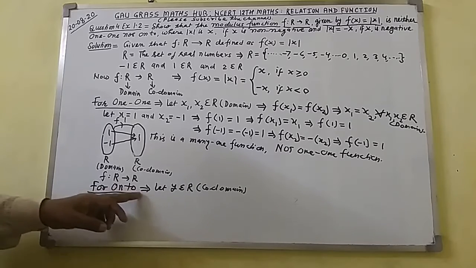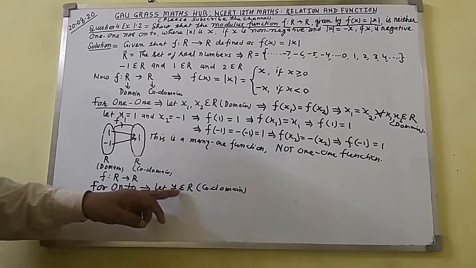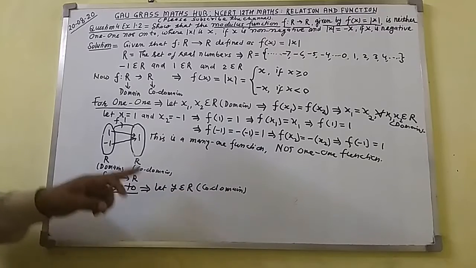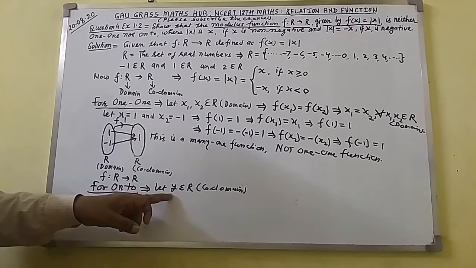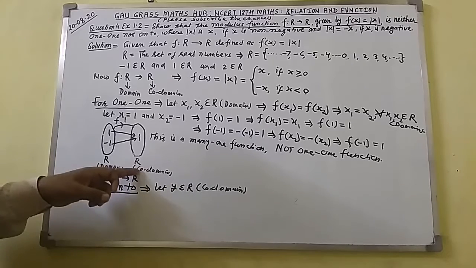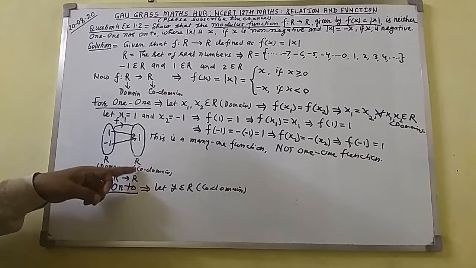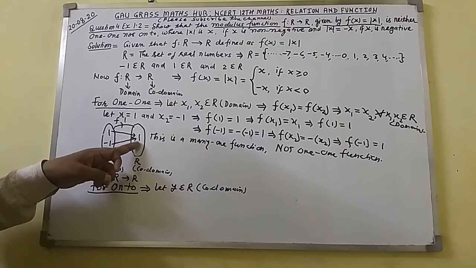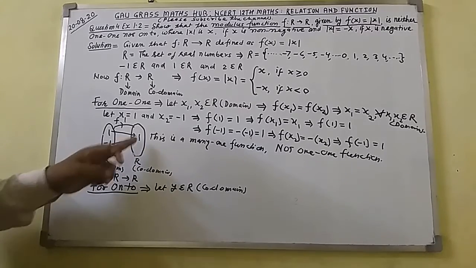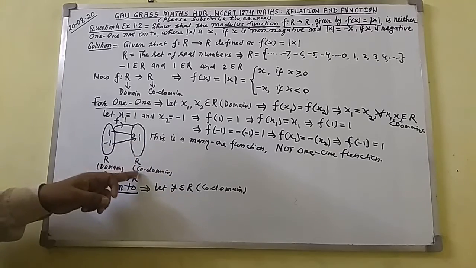For onto implies that let small y belong to capital R codomain. So this is capital R codomain. Y will be an element of capital R codomain. In place of 1 here, y will be put here, because this is codomain.